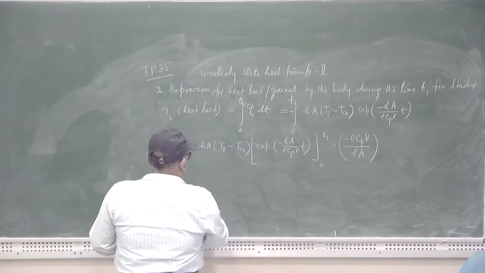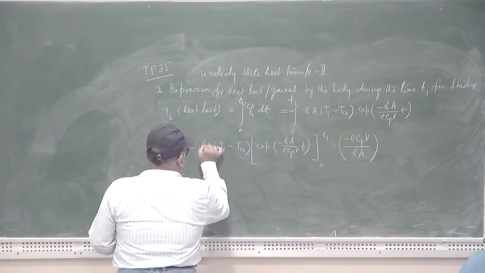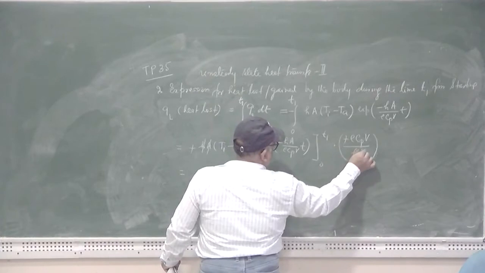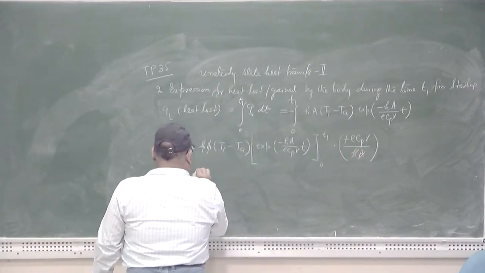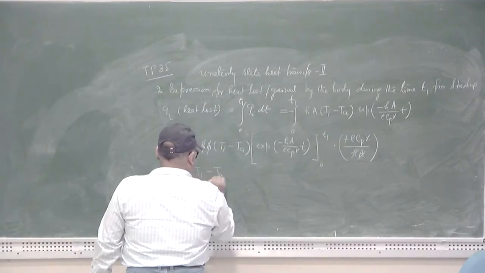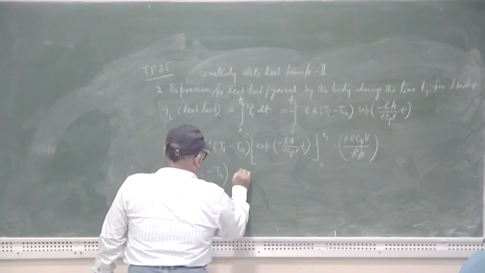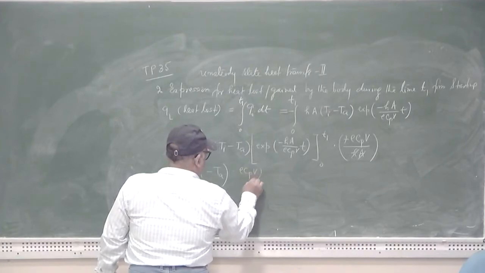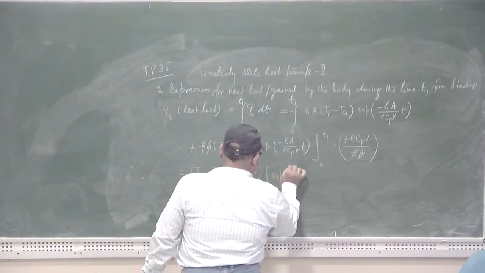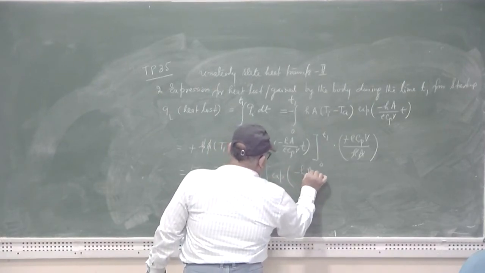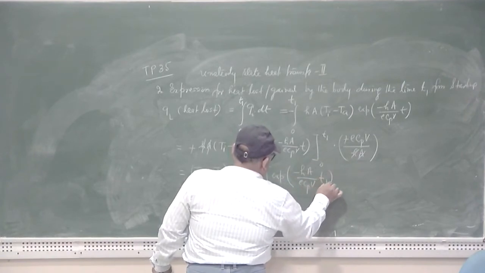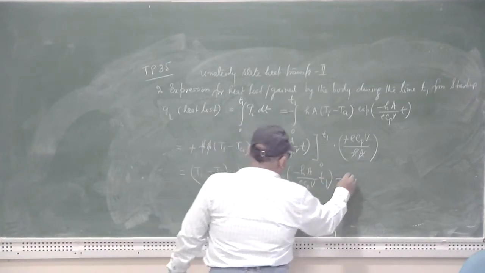So hA will get cancelled out. So that will be equal to Ti minus Ta into rho CpV into exponential of minus hA divided by rho CpV into T1 minus exponential 0, that is equal to 1.